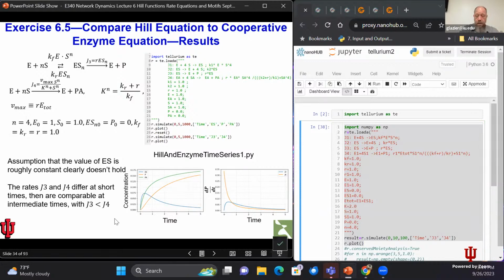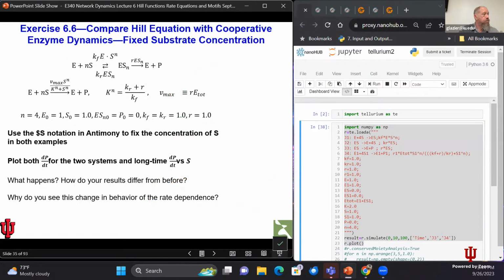Okay. And now you can say, why is there this, what is going on here? One of the differences is we can't ask what the long time rate of production of P is because we run out of substrate. In long time, we have no substrate left.